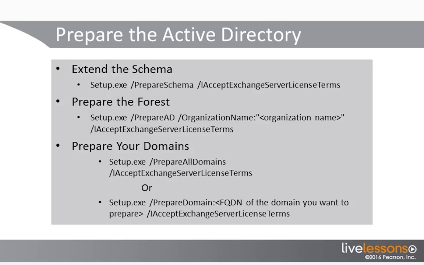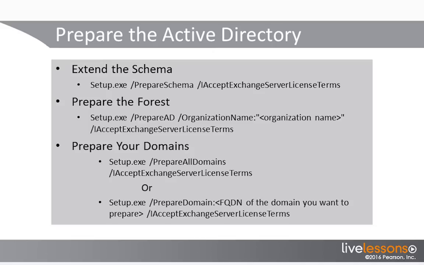The first step is extending the schema, and what we have to do is run Exchange Server Setup, that's Exchange Server 2016 setup, just to be clear, with the /PrepareSchema and the /IAcceptExchangeServerLicenseTerms switches. Then, once the schema has been prepared, the next thing that we have to do is to prepare the forest.